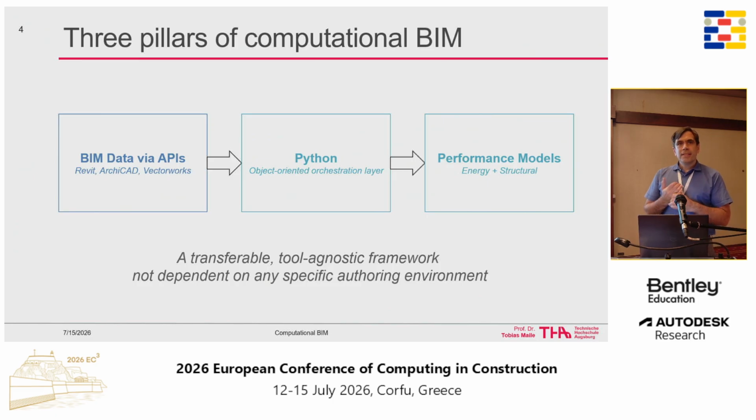In this course, we're looking at energy and structural analysis. The framework we have built around that is tool agnostic, so you can use pretty much any BIM authoring tool that has a Python API, and it's transferable.